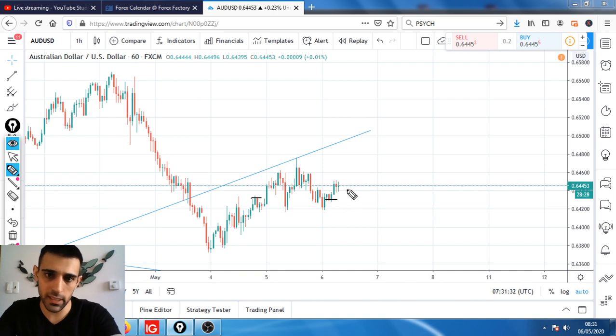For now it's a no, but after a couple of hours it might change. As I said, if the price comes down, takes out these two lows down here, and then does the retracement around to this level in here, then I'll be looking for the entry.